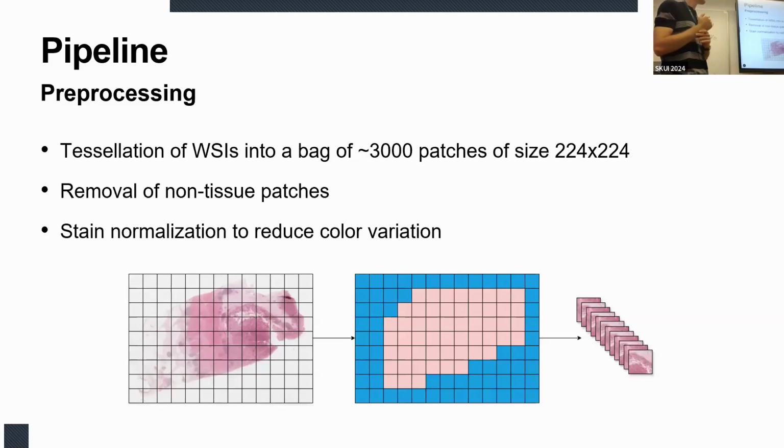Specifically, we extracted these patches at 1 micron per pixel, and each patch was of size 224 by 224, and this yielded around 3,000 patches per slide on average.